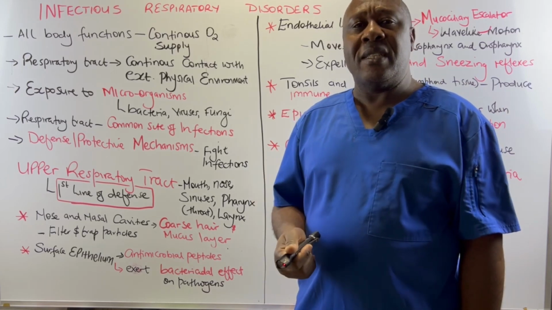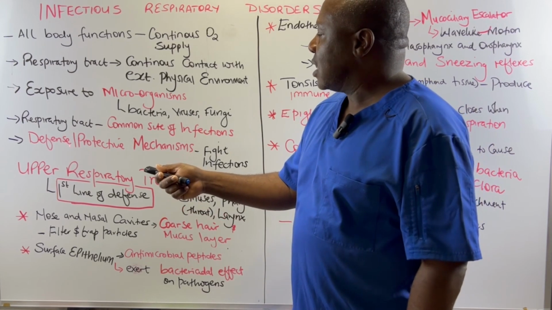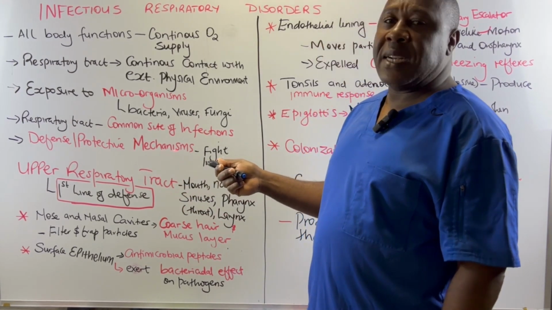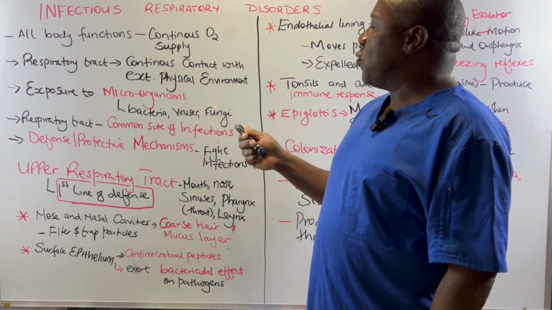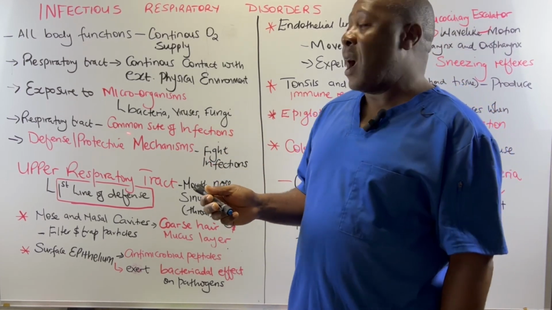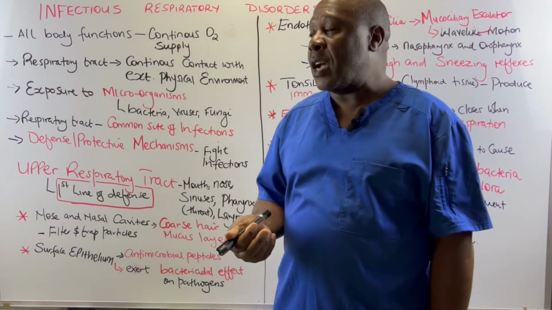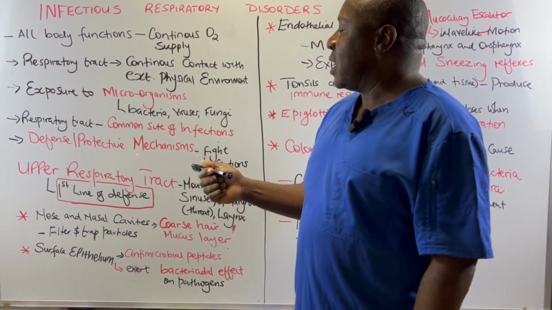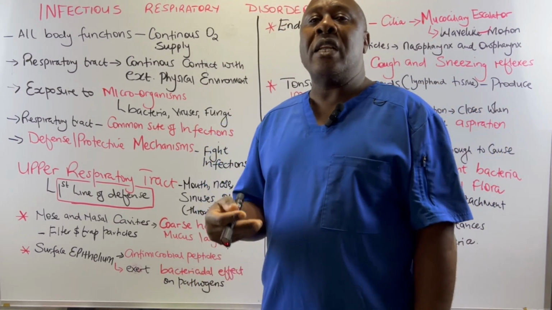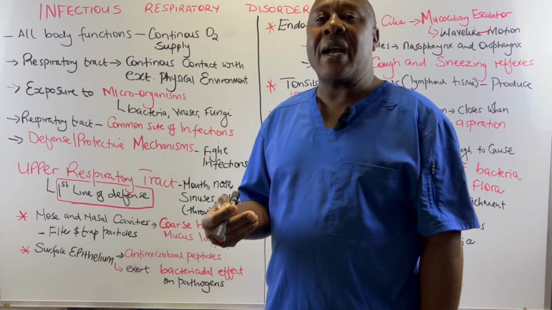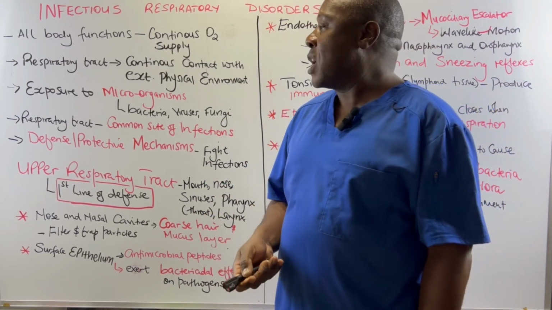To mitigate this, the respiratory tract has various defense or protective mechanisms whose main function is to fight off these microorganisms as well as the infections that might occur as a result of this contact.